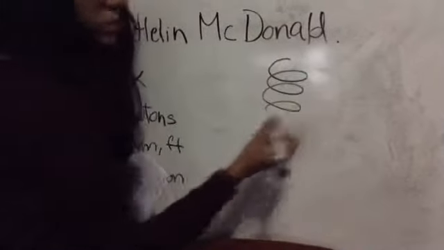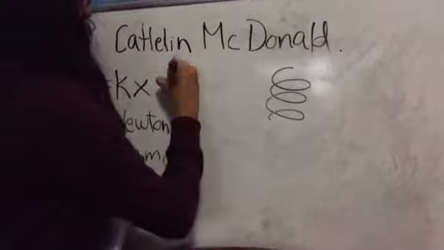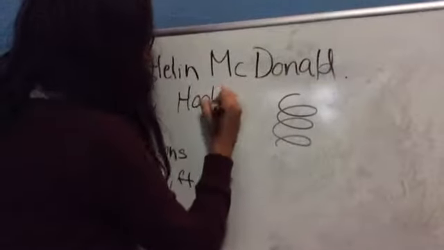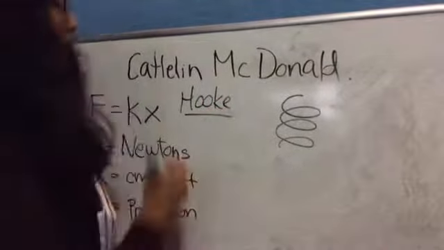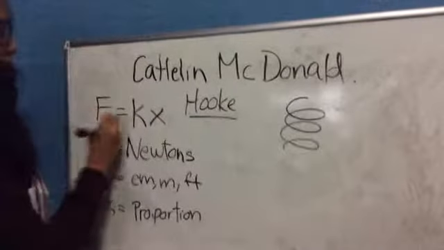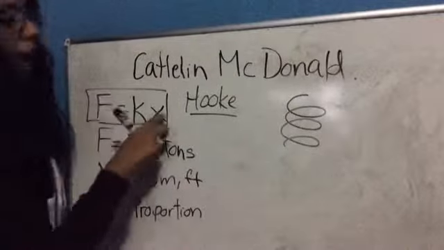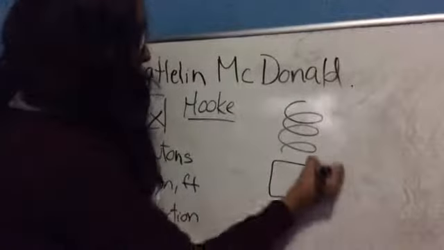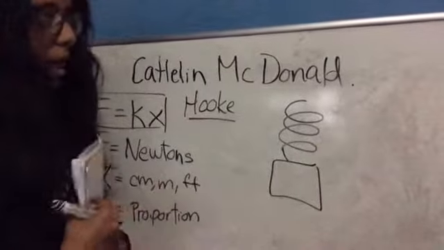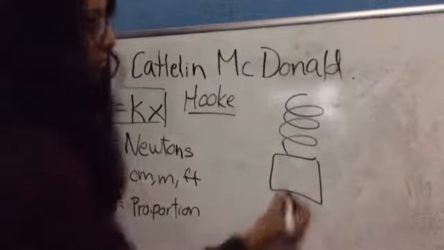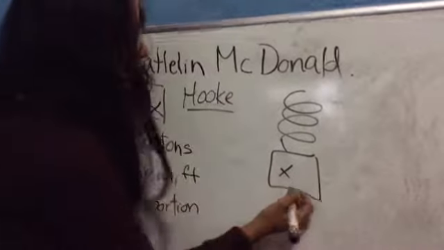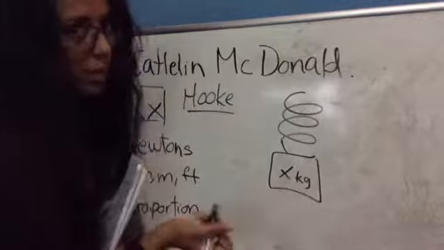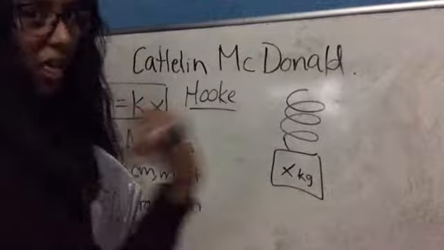Okay, so we have a spring, because this is Hooke's law. Hooke made the spring law, and this is the equation. This is our spring, and we're going to add weight at the end of the spring. This can be X number in kilograms, the measurement.